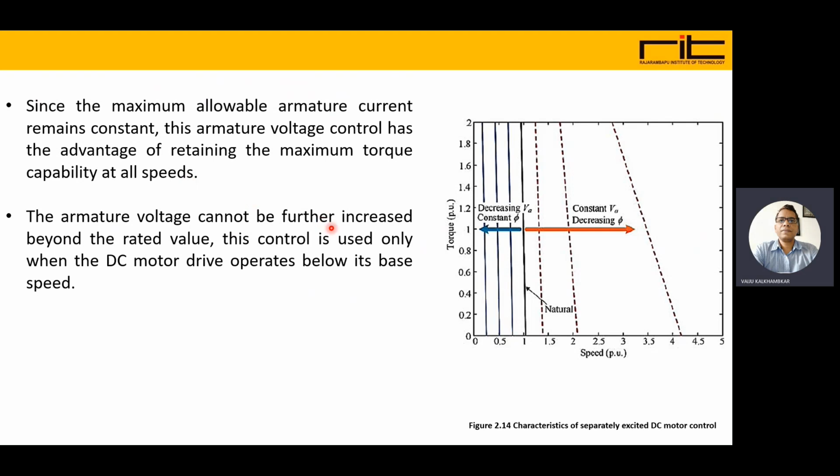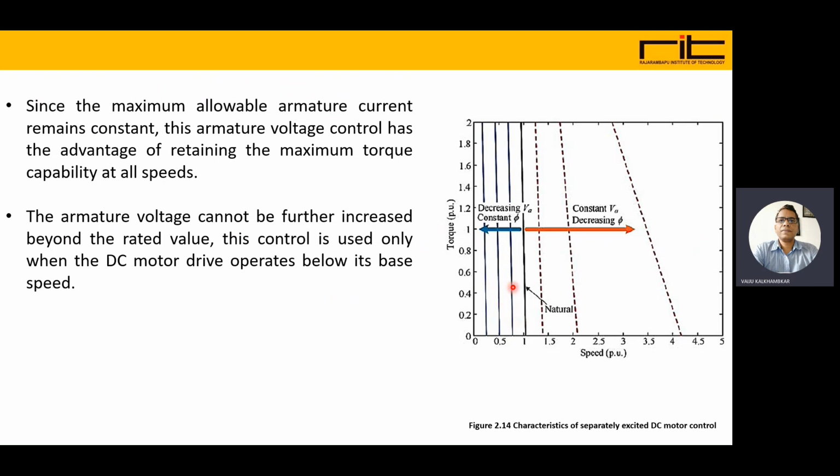Since the maximum allowable armature current remains constant, the armature voltage control has the advantage of retaining the maximum torque capability at all speeds. The armature voltage cannot be further increased beyond the rated value if you are controlling by armature voltage. This control is used only when the DC motor drive operates below its base speed.